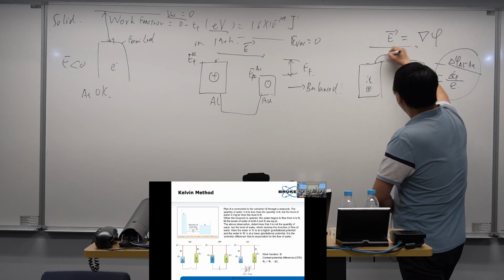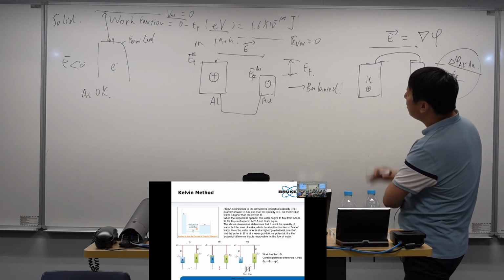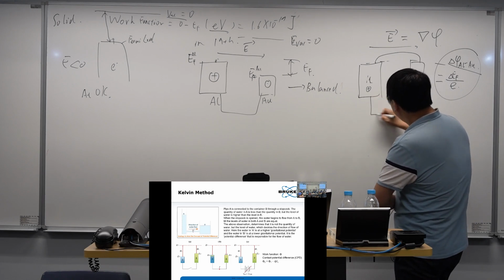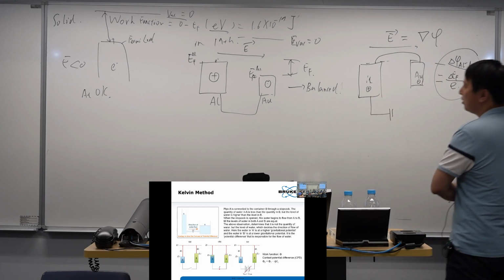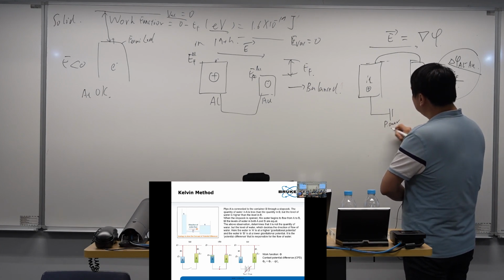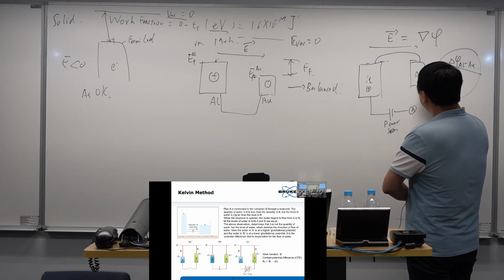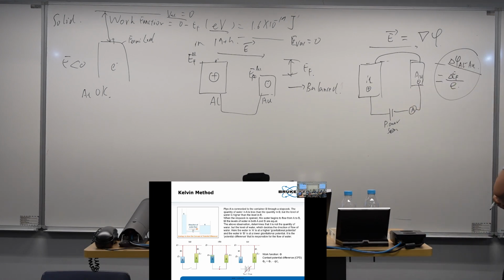So Kelvin established a loop here. He put a power source here, and then I put an ampere meter here.